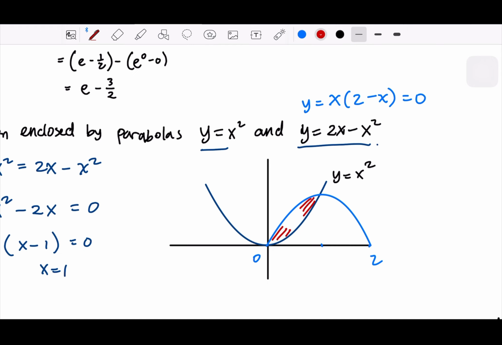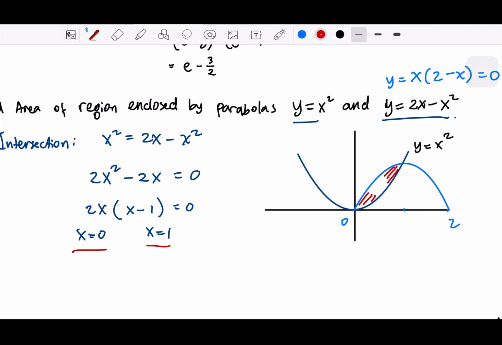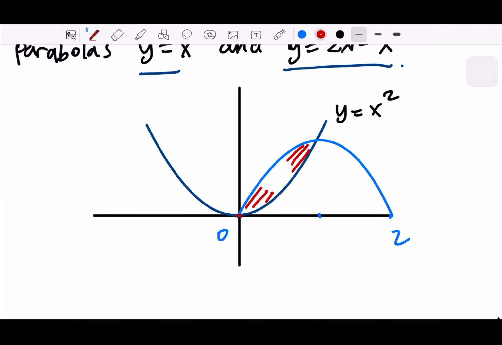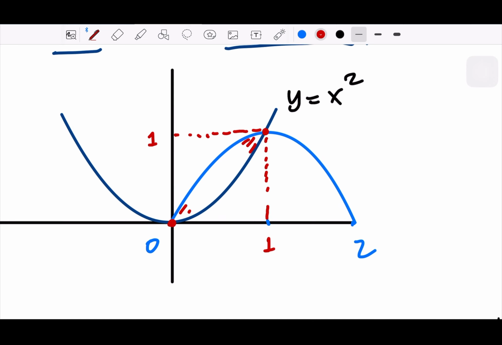Okay. Now the intersections are 0 and 1. Of course, from 0 we know that this is perfectly there, and this should be 1, right? When x is 1, y is also 1. Okay, we can conclude that. So always imagine that there is a sample point here.